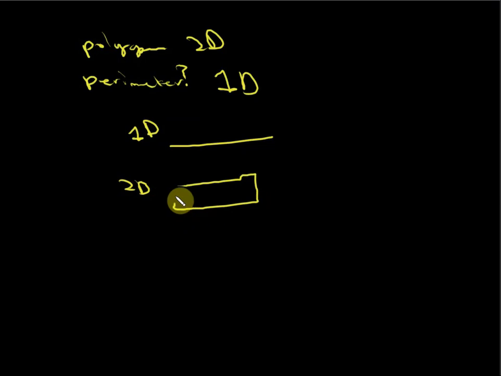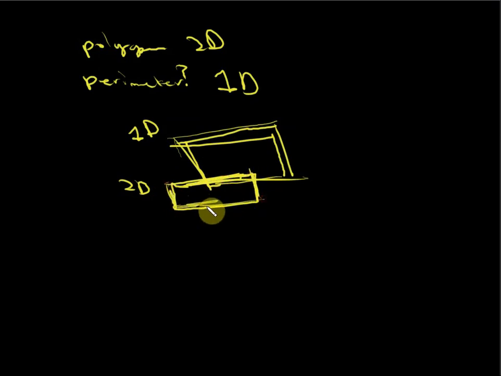We're just saying line 1, line 2, line 3, line 4, but we're not saying that the perimeter is 2D. You're measuring the distance of each line segment. That's why it's 1D. So again, think of it in terms of a fence. How much fence is needed to enclose the yard?